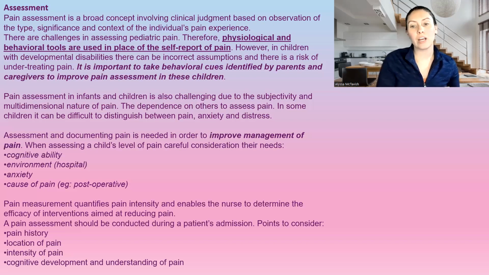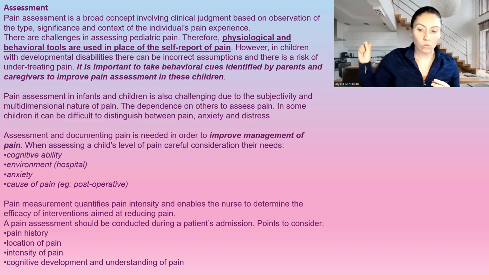Okay. When assessing a child's level of pain, there are careful considerations that are needed: cognitive ability, environmental, they are at a hospital, this is a stressful situation for them, anxiety, the cause of pain. Is it post-op? Like, what is causing their pain? Pain measurement. So you should be considering these points, especially on their admission: a pain history, location of pain, intensity of pain, cognitive development and understanding of pain.